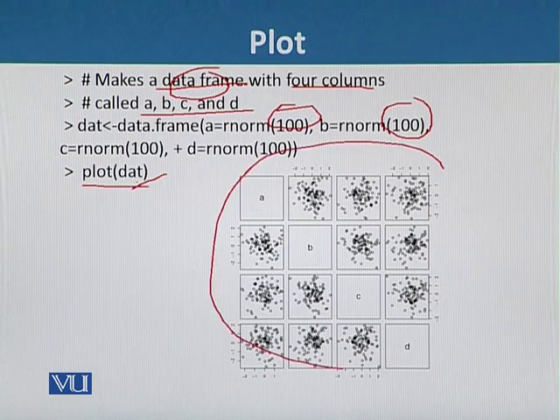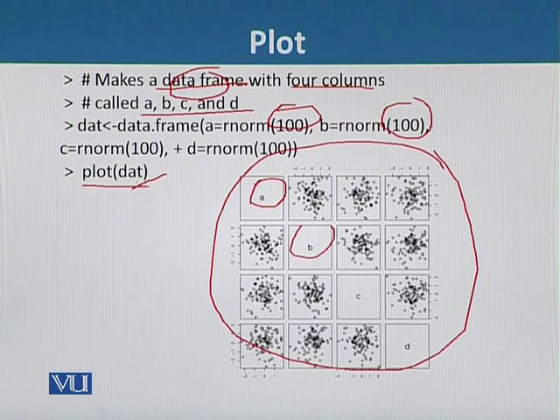So this type of frame plot will be generated, and we can see this is the A column, B column, C column, and D column. And different types of plots are generated within one figure.